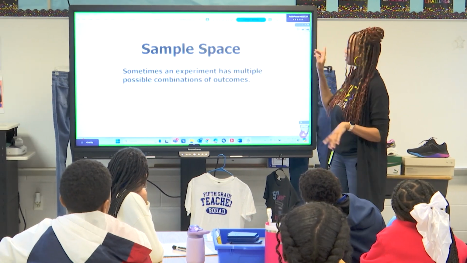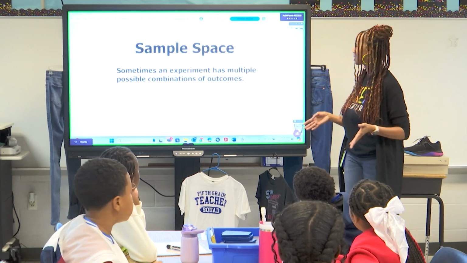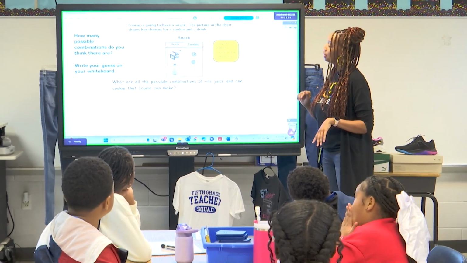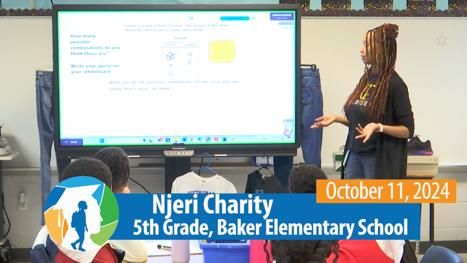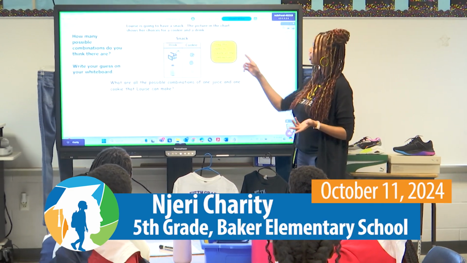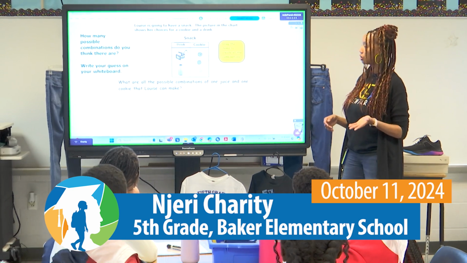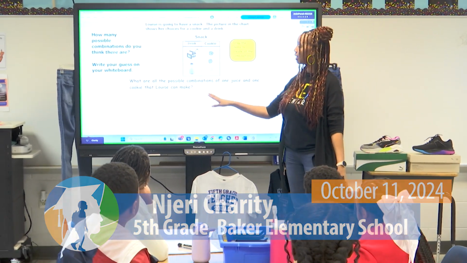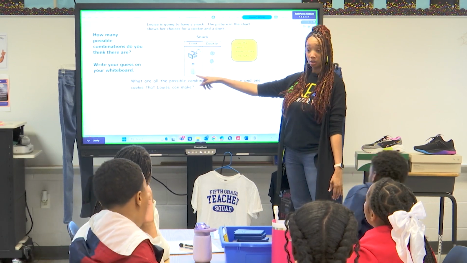So you guys have your whiteboards and markers, right? Yes. Because you're going to need them for this next question. So Louise, she's going to have a snack, okay? The picture in the chart shows her choices for a cookie and a drink. For a drink, she can have milk or she can have bottled water.